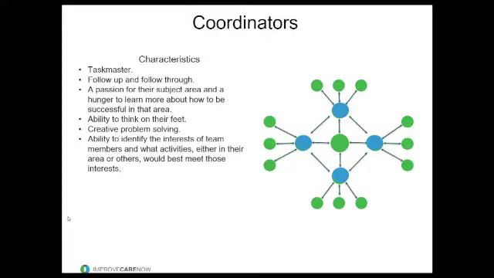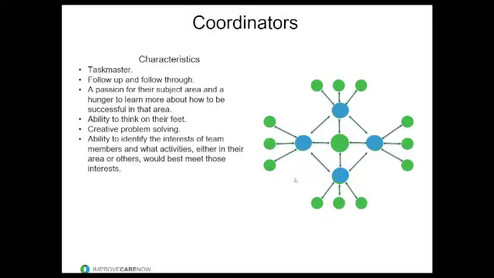So coordinators, these are the blue dots that you see now, kind of the next circle out. These are task masters. You could also call them project managers, right? Because they're managing a project or a group of projects for a specific subject area. They're very good at follow through and follow up.